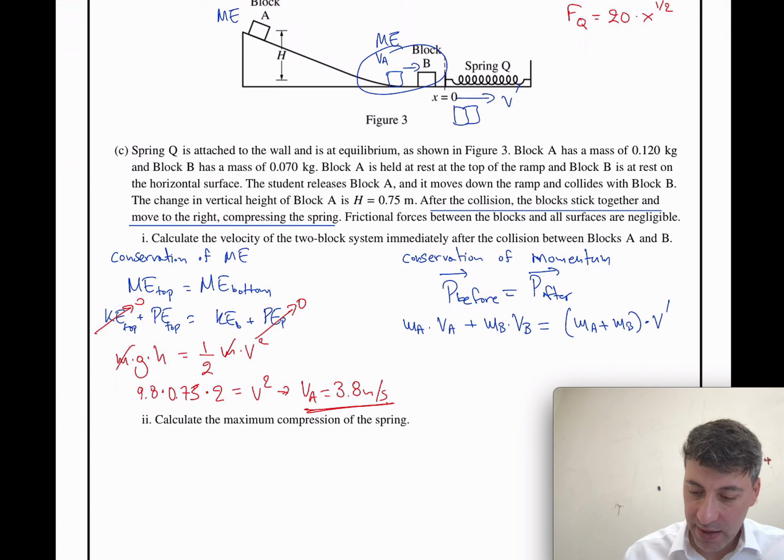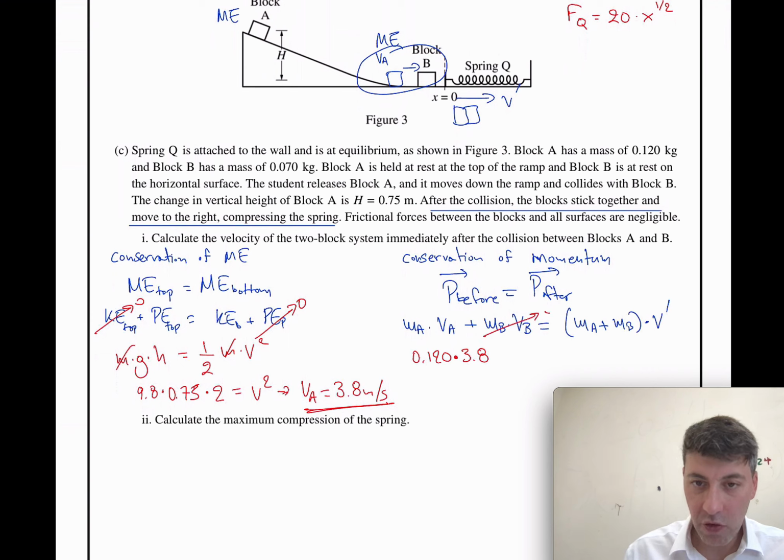Now, the first mass is 0.120. The velocity we found is 3.8. In reality it was 3.83. We will replace that value in the calculations.